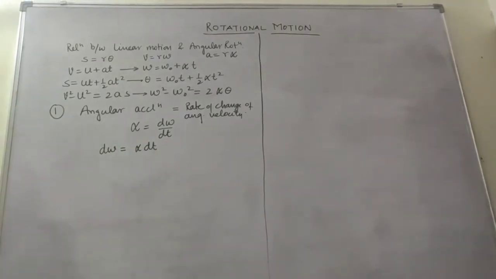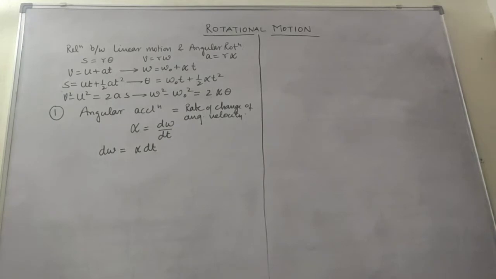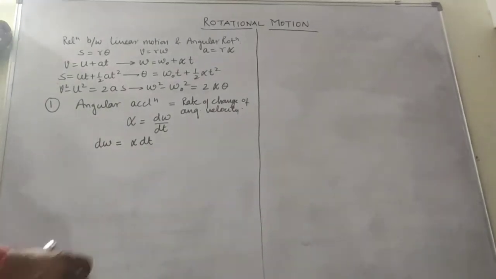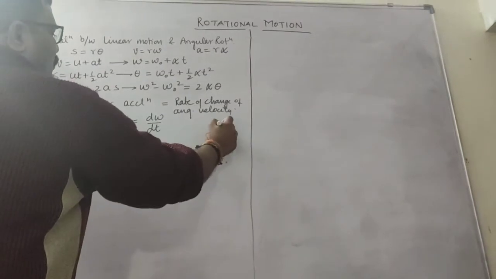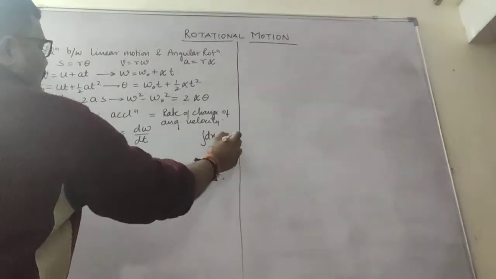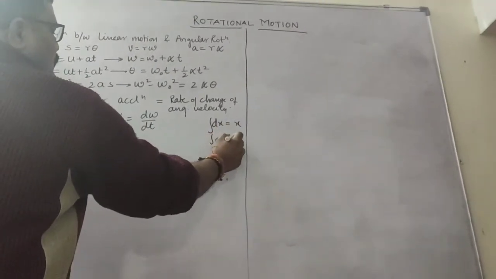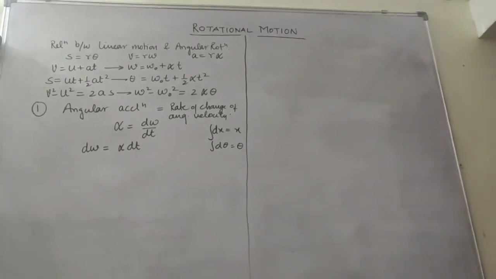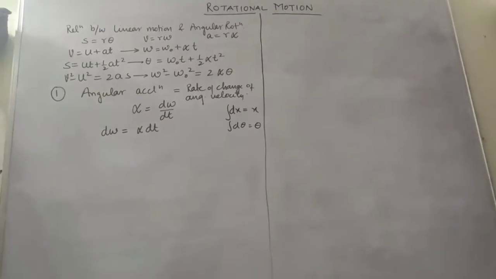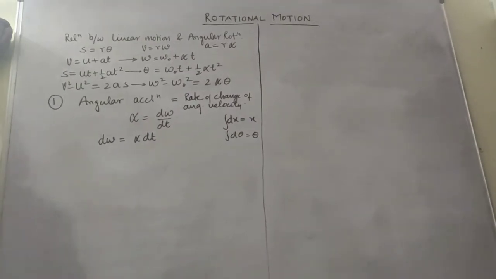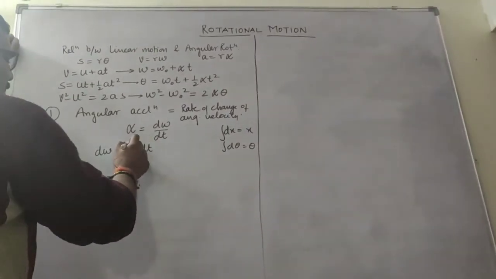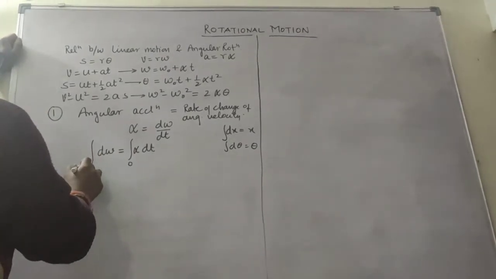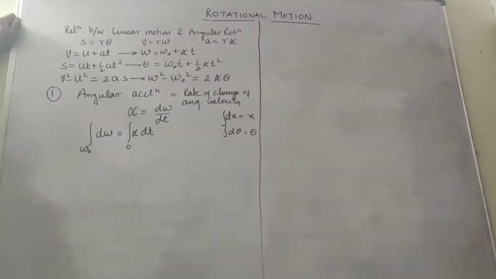Now I have told you in integration that integration of d omega is omega. This is for knowledge only: integration of dx is x, integration of d theta is theta. Similarly, integration of d omega is omega. But because I have to solve a definite integration, at time t equal to 0 there is initial angular velocity omega naught.